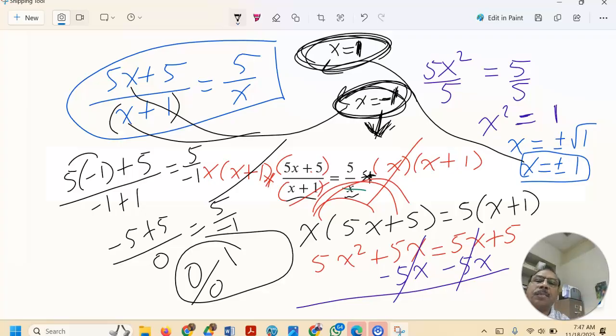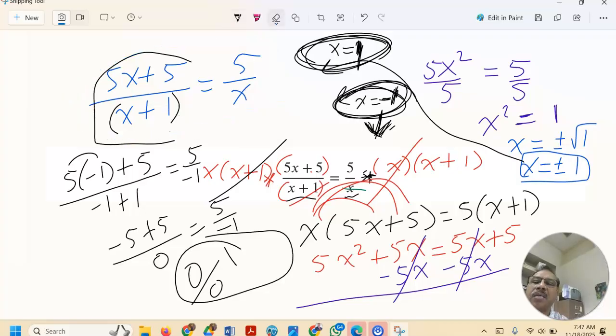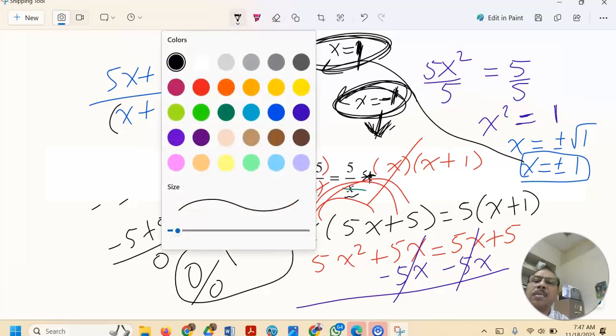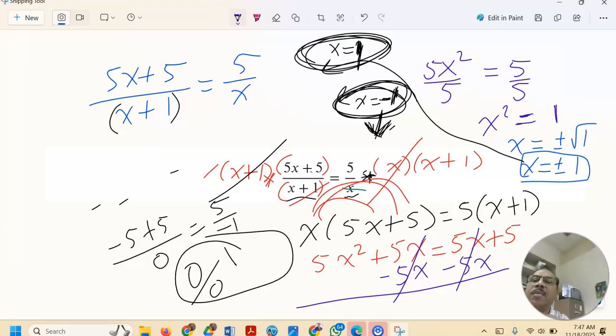So x equals 1 will work if we plug it in. Let's check this out then. If I put x equals 1 here, and put a 1 here, and a 1 here, look.